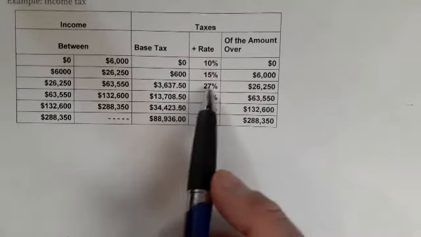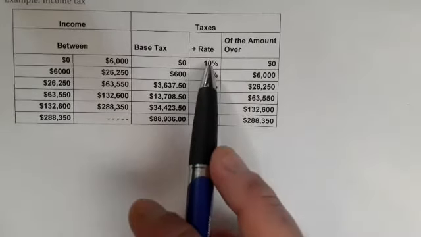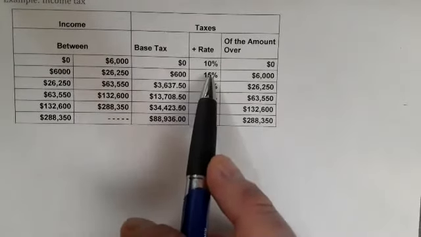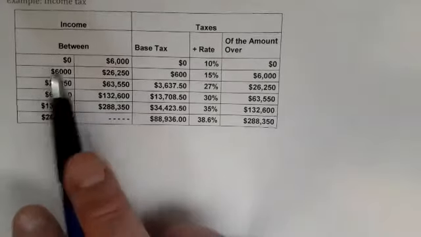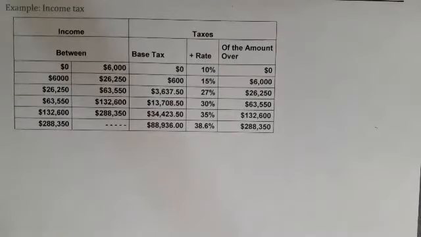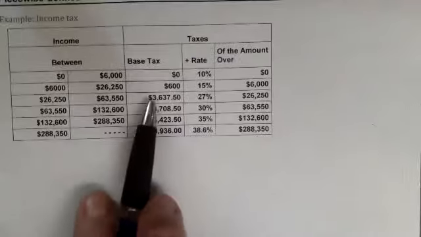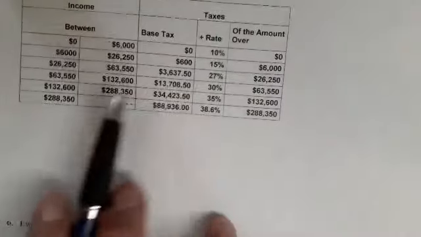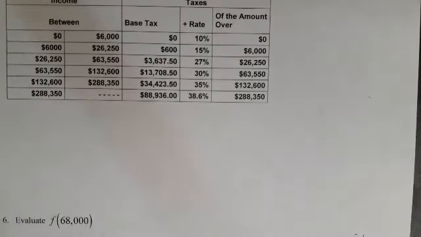It's not getting taxed at 27%. So we can calculate 10% of 6,000. We can calculate 15% of 26,250 minus 6,000. We can add those two things together, and we're going to get this number. So we can keep stepping this thing up based on how much you're making and tax you more on the larger amount that you make.